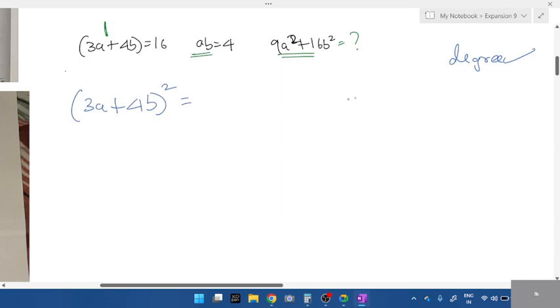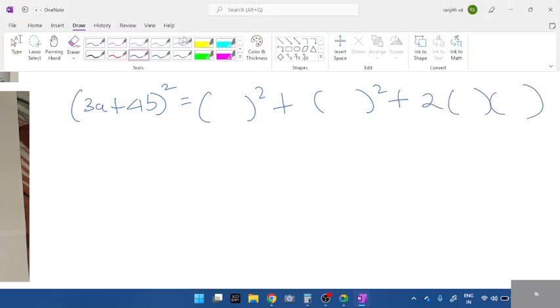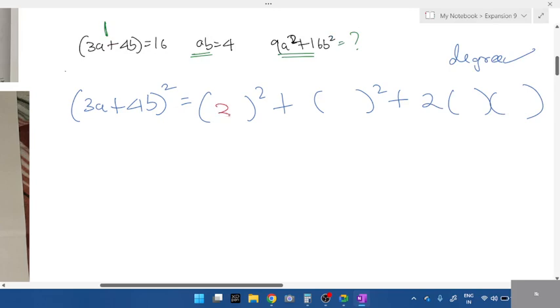Then check what kind of formula it looks like. Just expand it: a square plus b square plus 2 into. Okay, second type is done. Now substitute the value. Next, expand it.